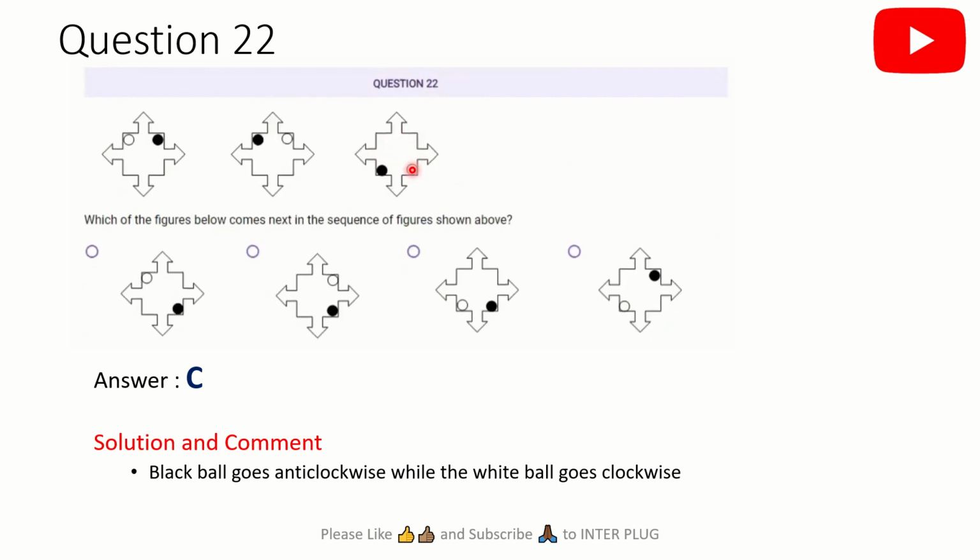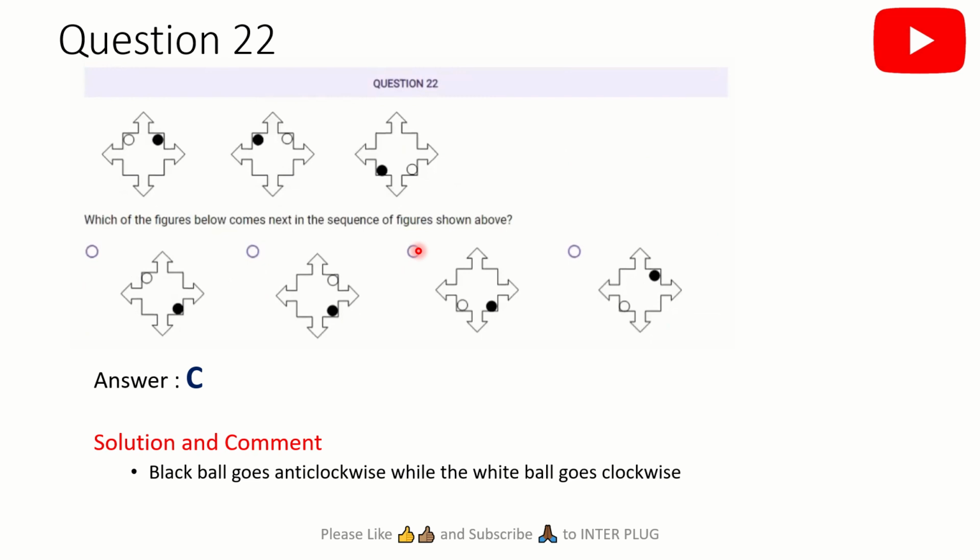So we will expect the white one to be here. That leaves us with either C or D, right? Then we check the black one. The black one goes in the other direction. From here to there, we see it here, and here we see it here. So definitely it should be here. So the answer is C.